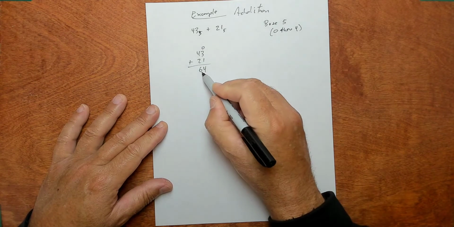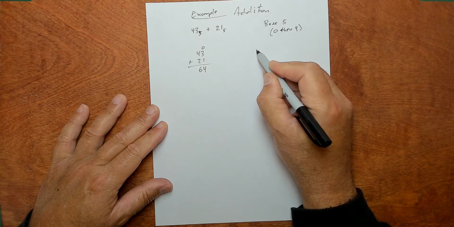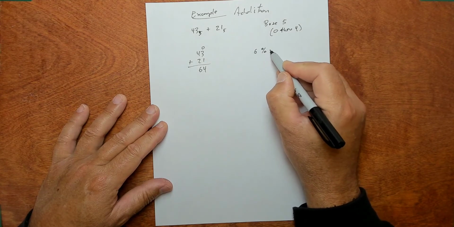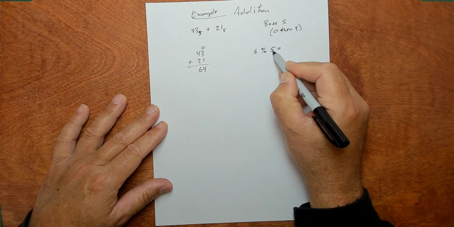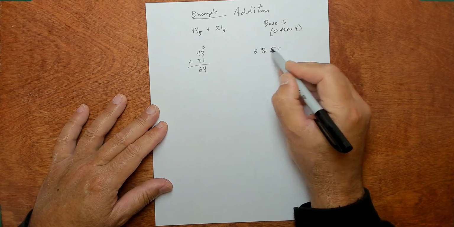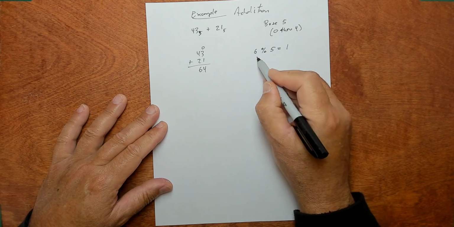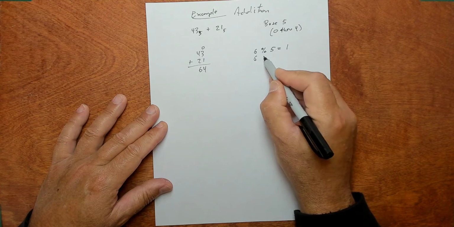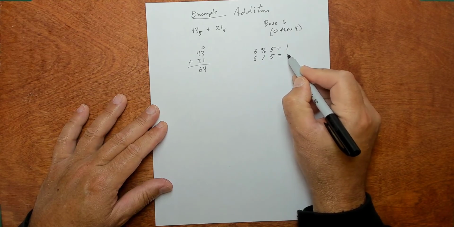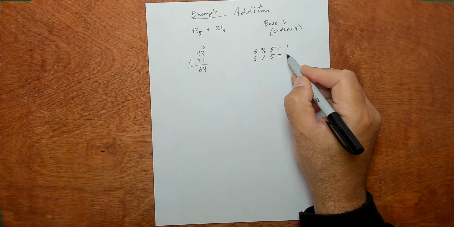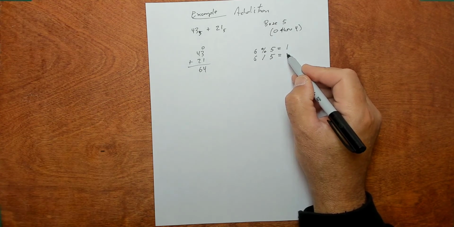So you got to do the mod div on here. So 6 mod 5. 5 goes into 6 once with a remainder of 1, and 6 div 5 is 1.